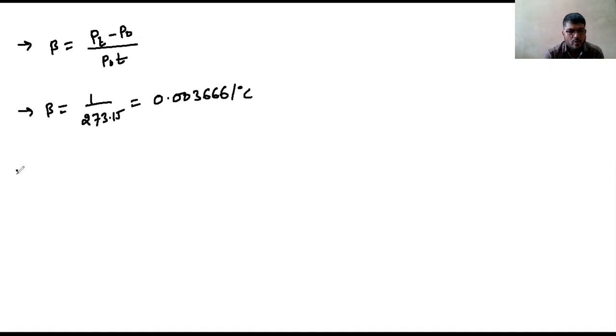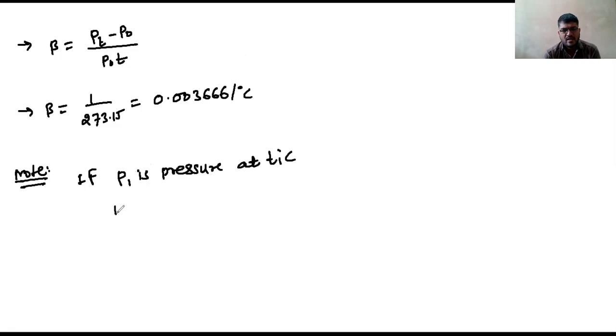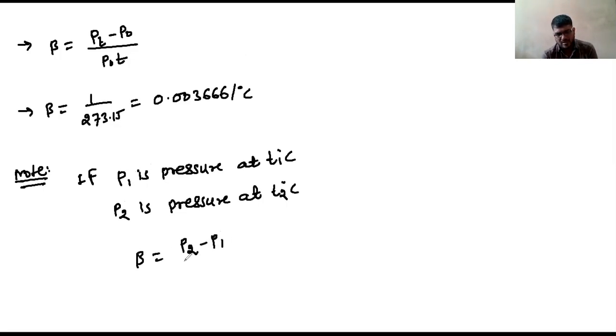Next, note point. If P1 is pressure of gas at T1 degree Celsius and P2 is pressure at T2 degree Celsius, then beta is equal to P2 minus P1 divided by P1 T2 minus P2 T1.